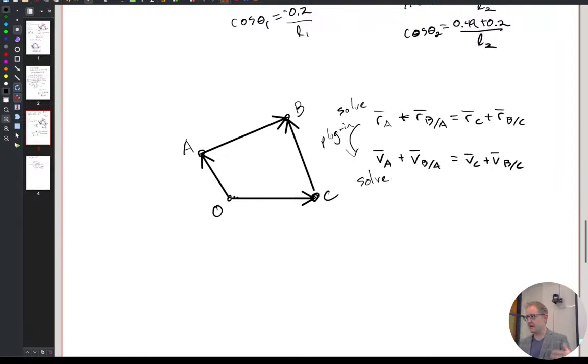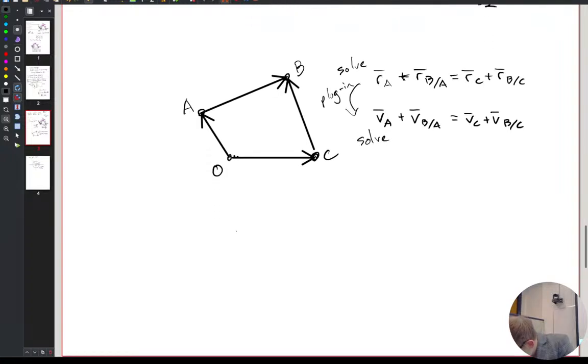solve again, and now we'll end up with two equations, two unknowns, because we're trying to solve for how fast theta 2 is changing and how fast theta 3 is changing. So we have an L1 theta 1 dot.